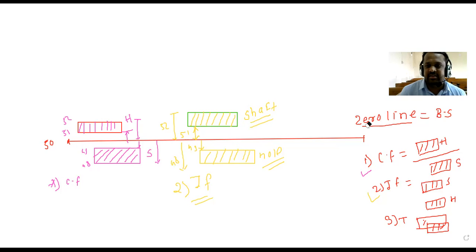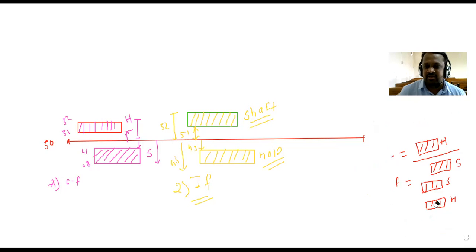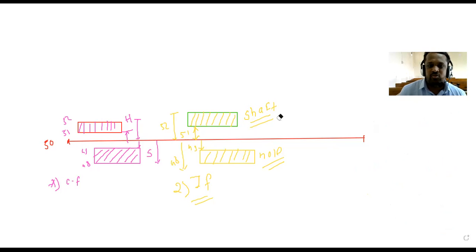And then the last one, the transition fit. How to show the transition fit here? What is the condition for the transition fit? When the tolerance zone of the hole and the tolerance zone of the shaft are both overlapped, then we can call it the transition fit. Then tell me how to draw it. Suppose this is the tolerance zone for the hole, and here we have to show the tolerance zone for the shaft.